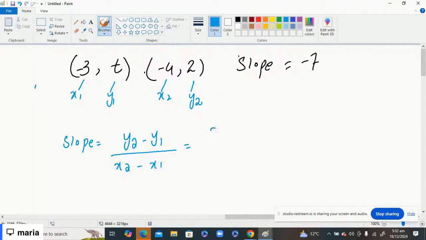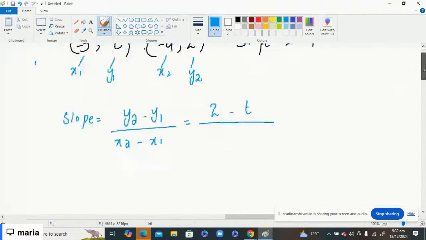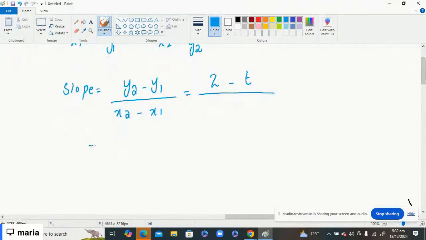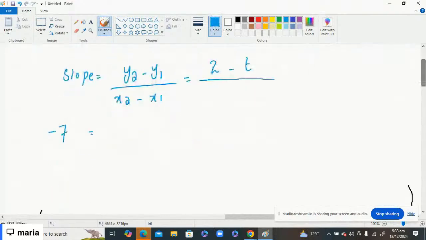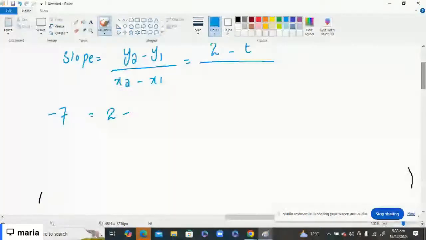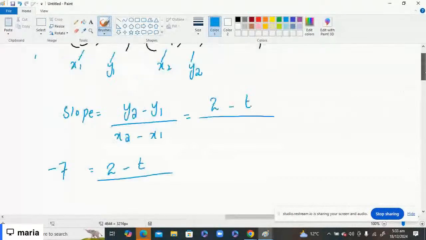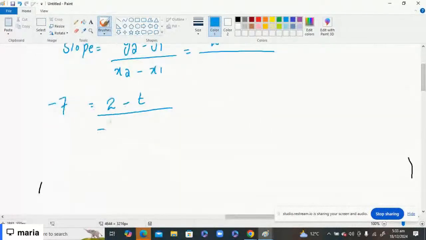So y2 is 2 minus t, just putting it down here. Slope is -7. y2 is 2 minus t, then -4 minus into -3.